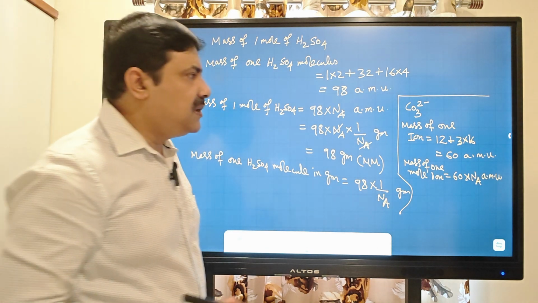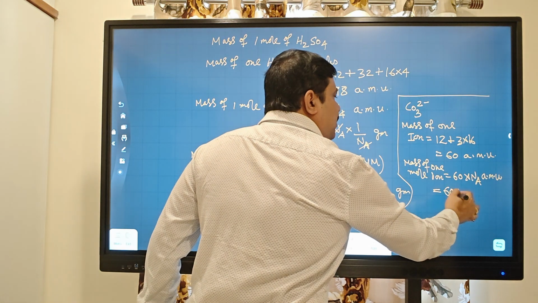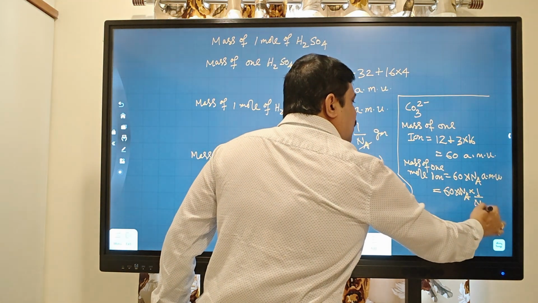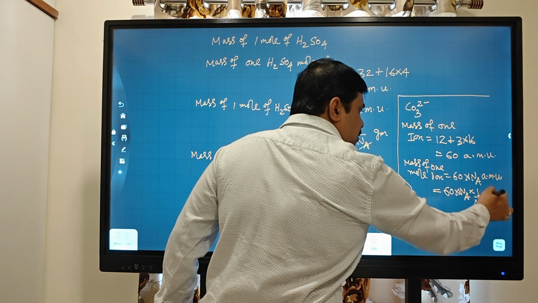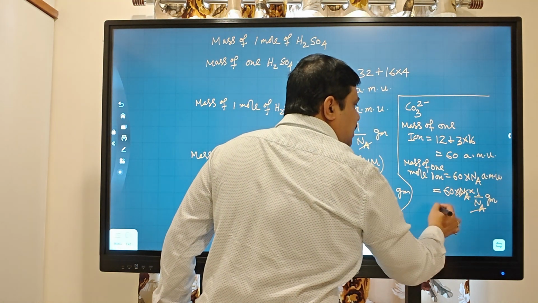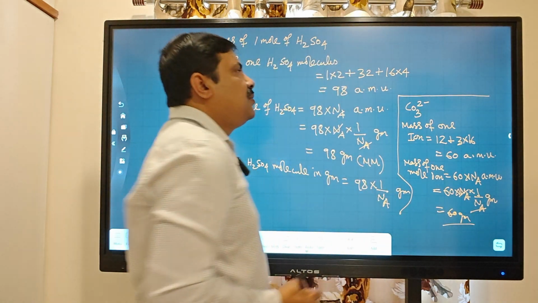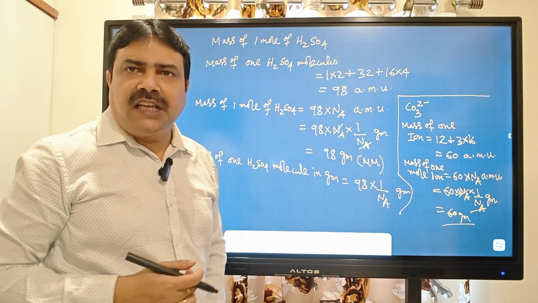Na is the Avogadro number. Now if I convert AMU to gram, I need to multiply by 1 by Na. That's what I am doing over here. Now when I multiply by 1 by Na, it is not AMU, it is in gram. Na cancels out, and then we get 60 gram. So the molar mass of this ion is nothing but how much? 60 gram. Is it clear?